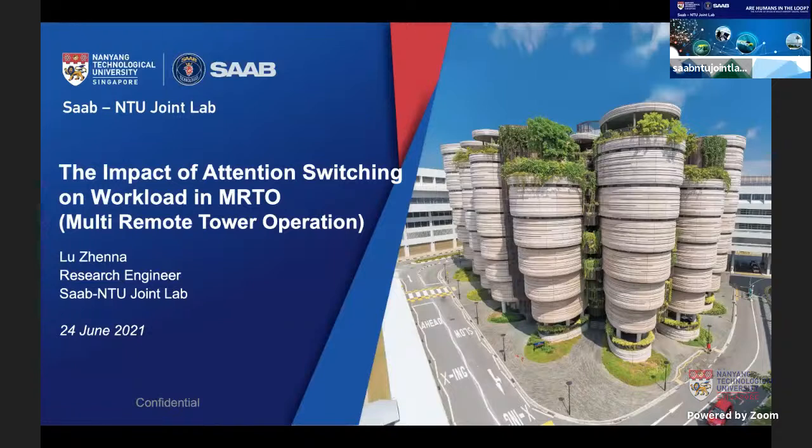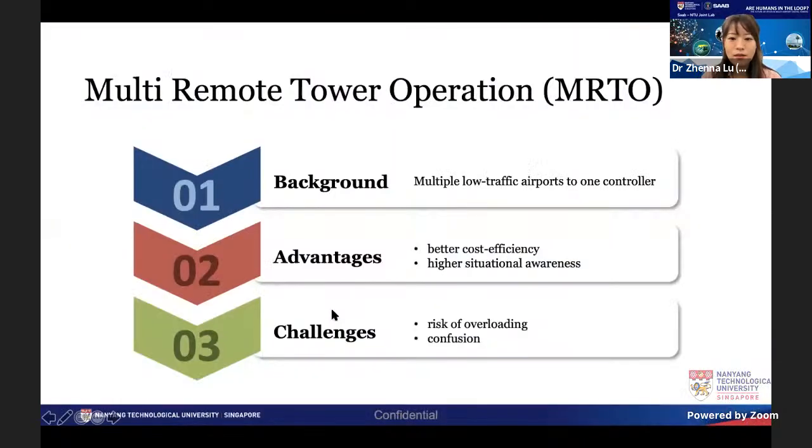Right. I'm going to talk about the impact of attention switching on workload in multi-remote tower operation. So in the conventional single remote tower, especially in a low traffic airport, sometimes there are just not enough aircraft to keep the controller fully engaged.